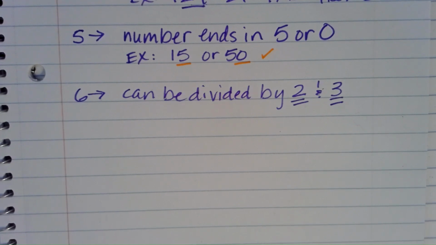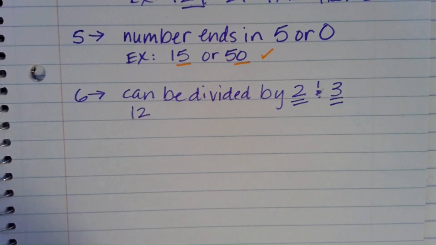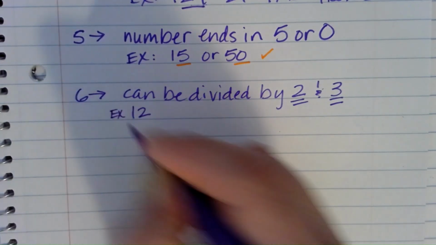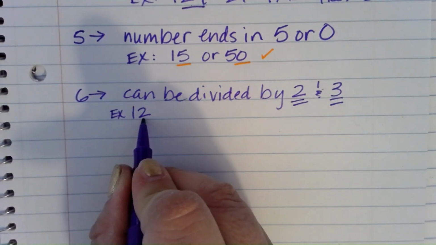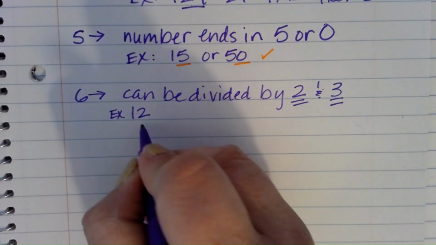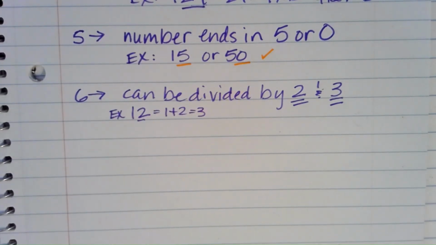So I have 12, right? Twelve can be divided evenly by 2 because it ends in a 2, right? And then 1 plus 2 equals 3.